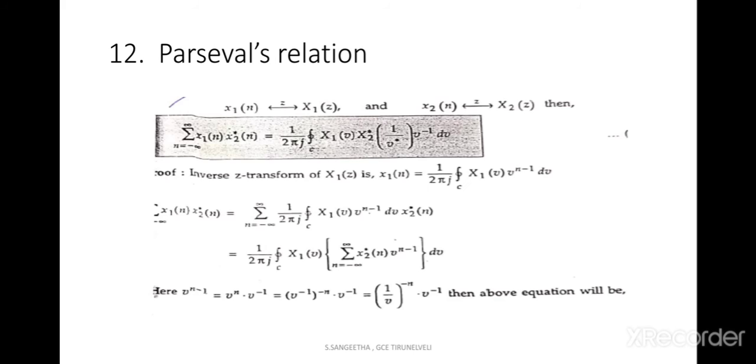Next we are going into the property of Parseval's relation. x1 of n will have the z transform capital X1 of z, and x2 of n will have the z transform capital X2 of z.